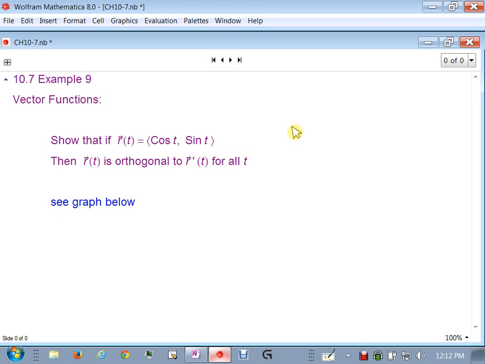Then r of t is orthogonal to r prime of t for all t. It's a circle. If you're traveling along this circle and you imagine that tangent vector, it's saying to show that the vector function is orthogonal to its derivative.